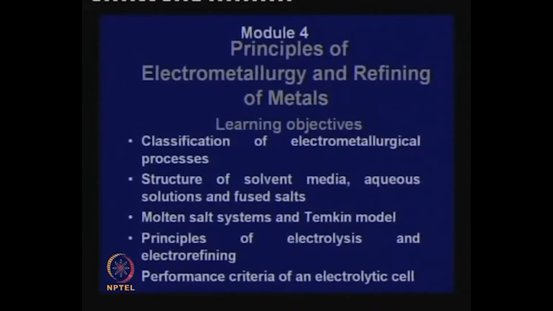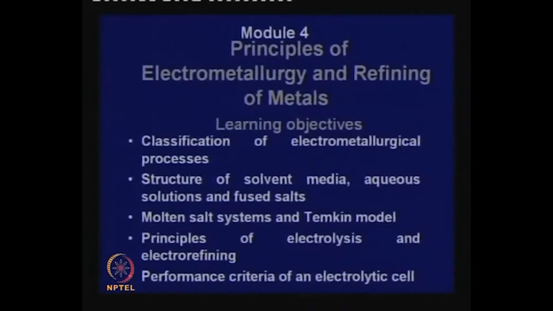So electrometallurgy in a way is a step towards refining. That is why I have put them together. Secondly, electrometallurgy came much later in the history of metallurgy than pyrometallurgy and hydrometallurgy, because electrometallurgy had to depend on the invention of electricity. Otherwise, you would not have electrometallurgical processes.